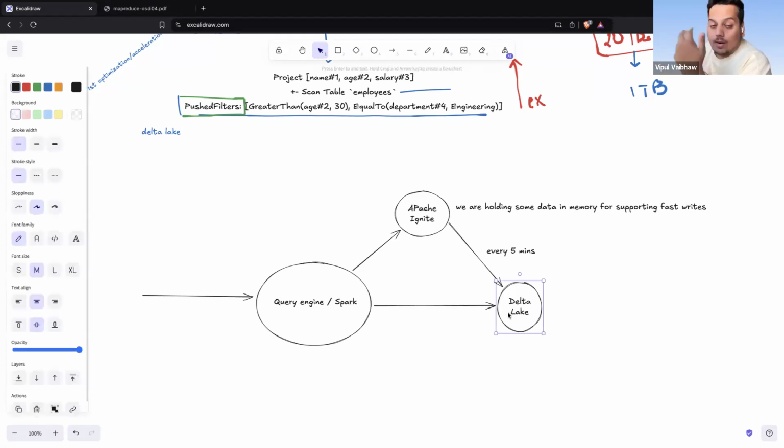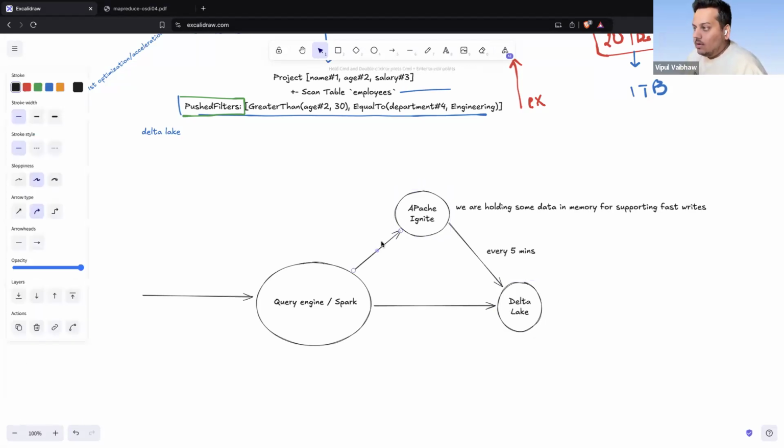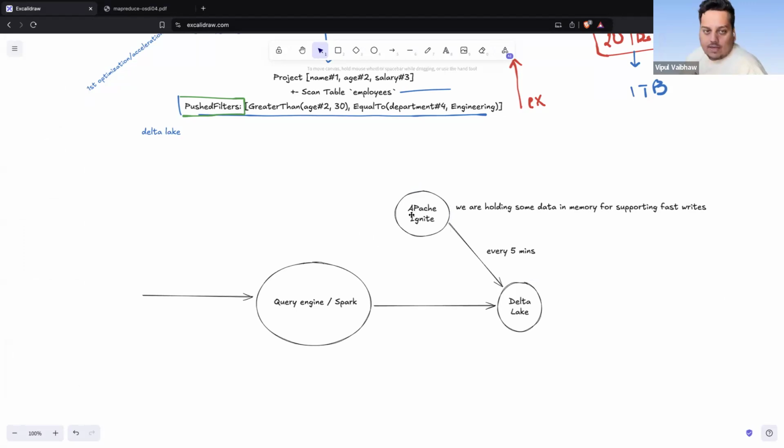Since Delta Lake is a columnar data structure, writes in columnar data structures are slower. That is one of the reasons why we may want to hold things in Apache Ignite. Spark is not going to write to Apache Ignite. You can have some other writer to Apache Ignite.